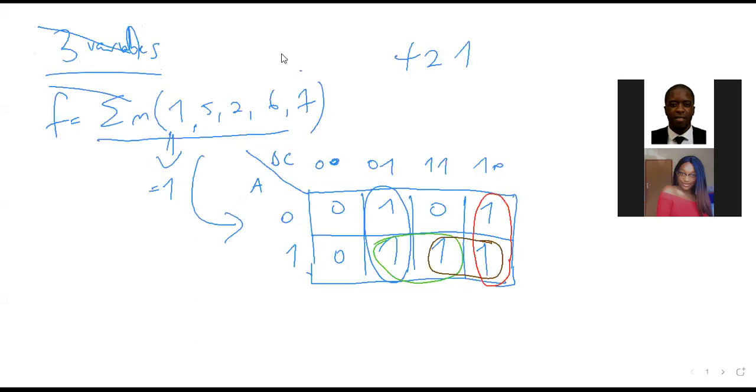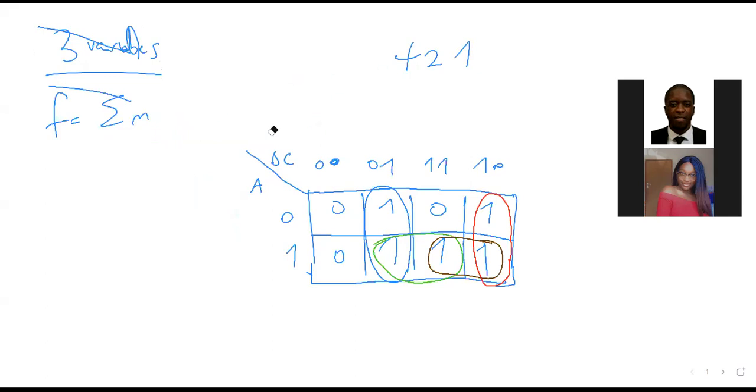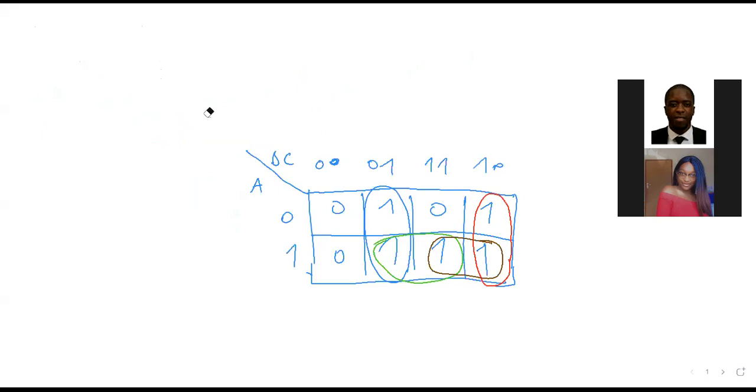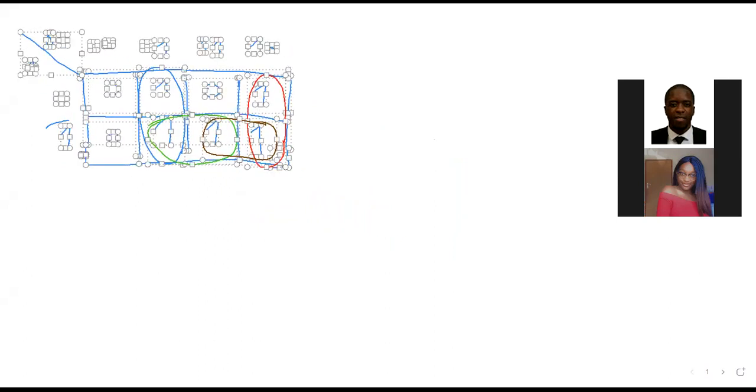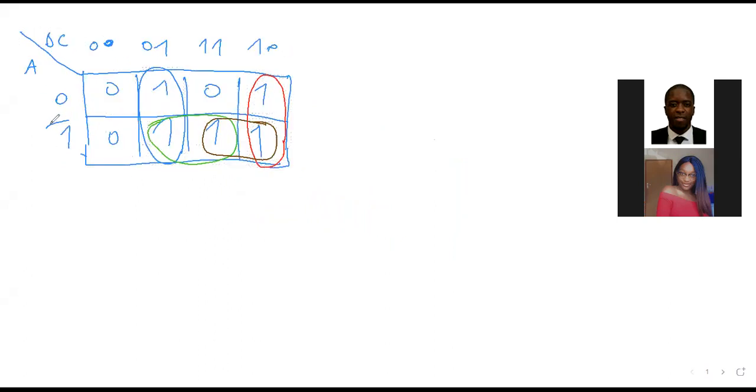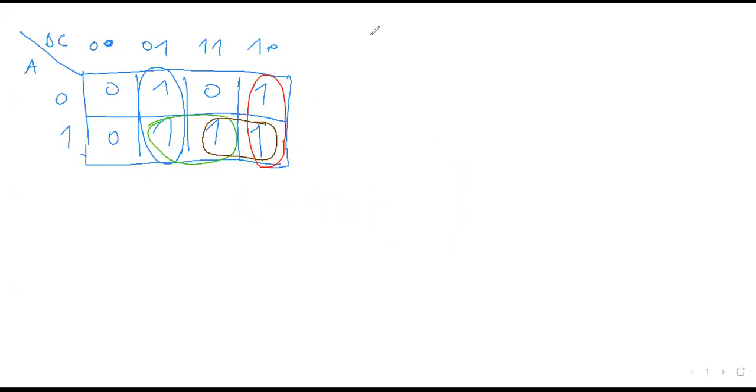Let's do this the easy way. Now we want to find our simplified function.